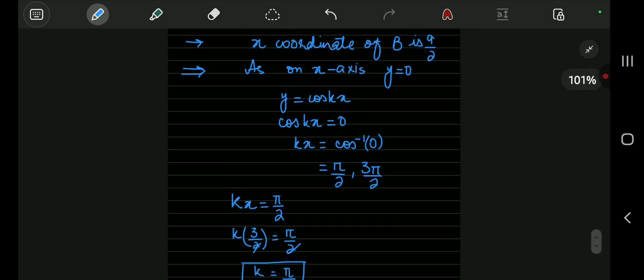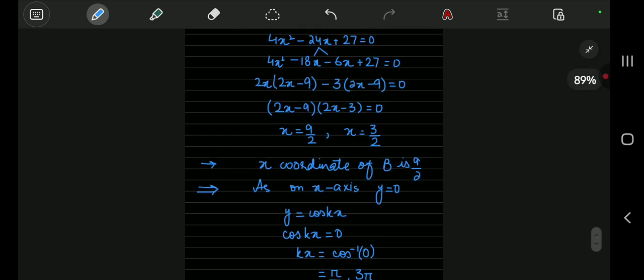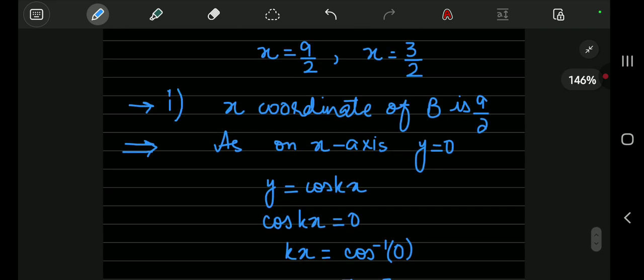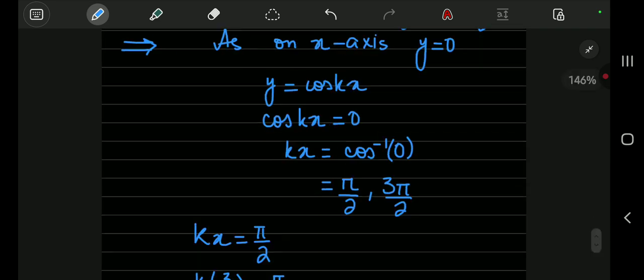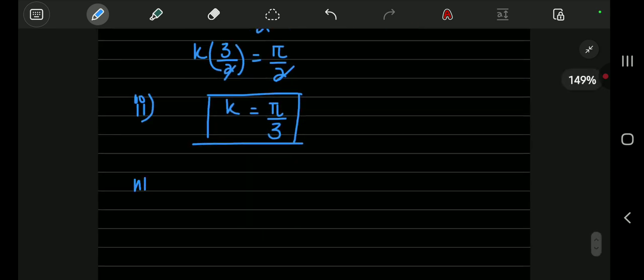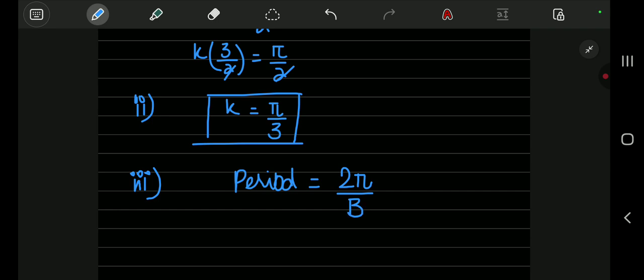This is part C, C2. It is the period. For the period, we have a formula that says 2 pi over b, where what is b?